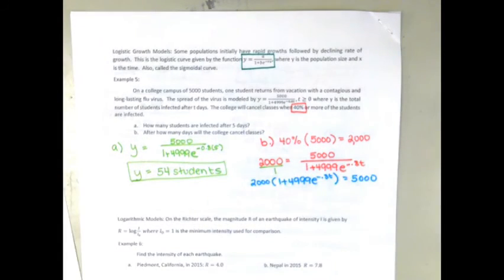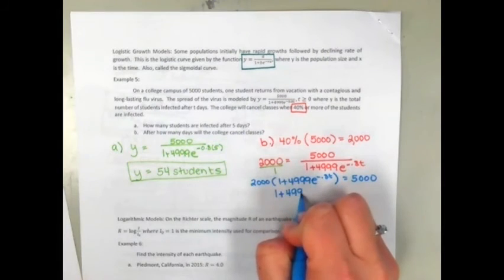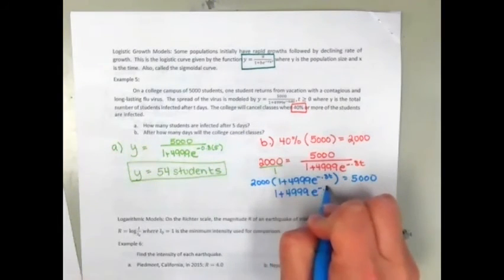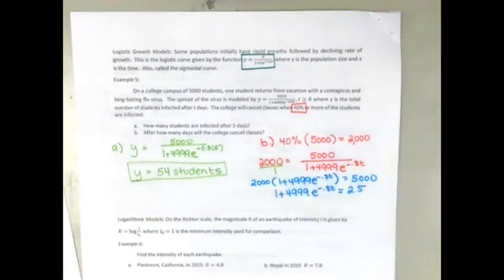Do you really want to distribute that 2,000 through? I wouldn't want to. So how can I get rid of the multiplying by 2,000? Couldn't I just divide by 2,000 and get 1 plus 4,999 e to the negative 0.8 t equals 2.5? Is that better? Instead of having to distribute 2,000 by 4,999, I wouldn't want to do that. I mean, it's not hard, but I wouldn't want to.